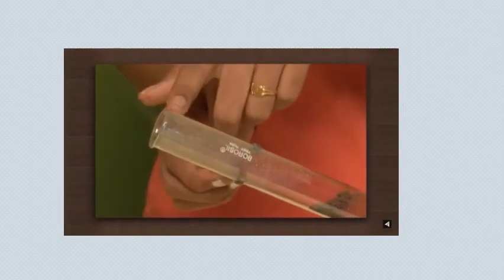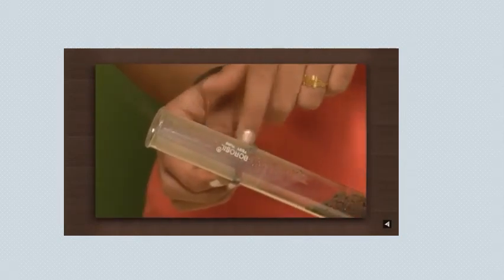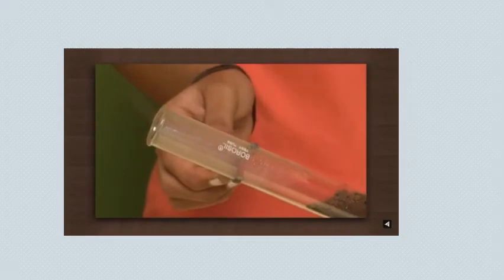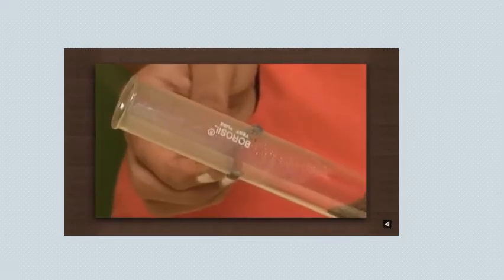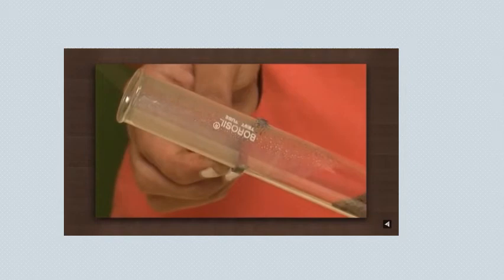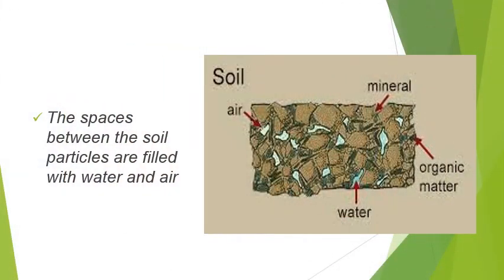Notice the vapors coming out and the condensed water droplets on the sides of the test tube. Thus, we can say that soil indeed contains water. From these activities, we can conclude that the spaces between the soil particles are filled with water and air.